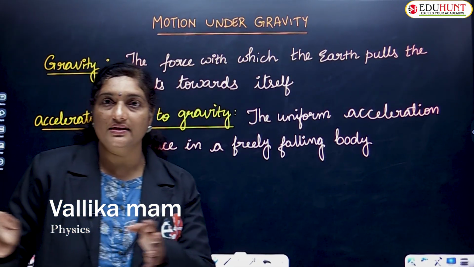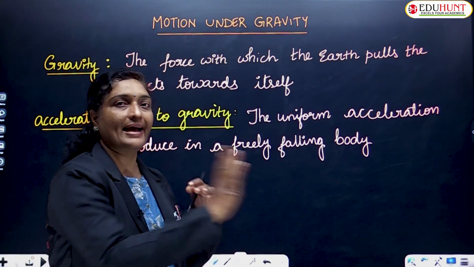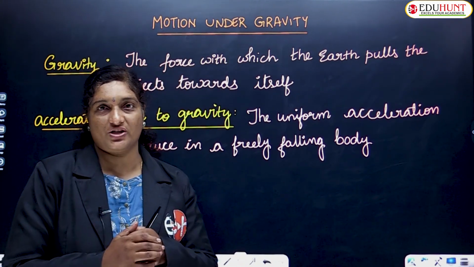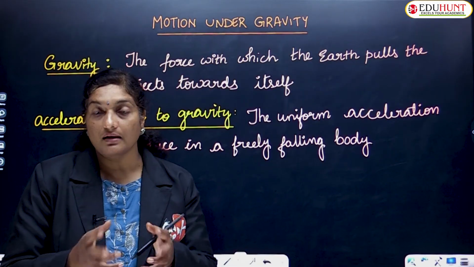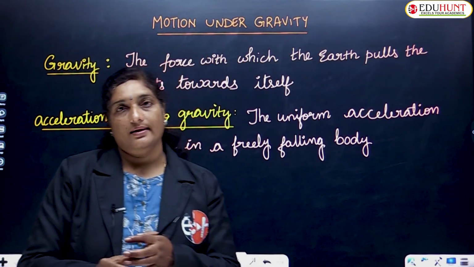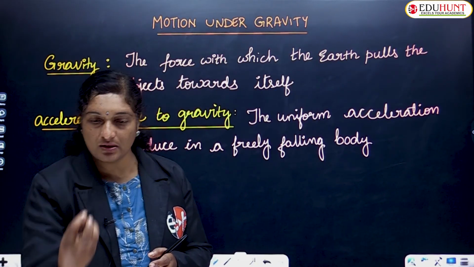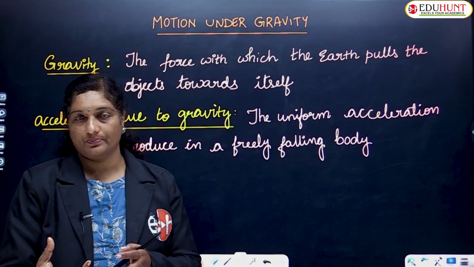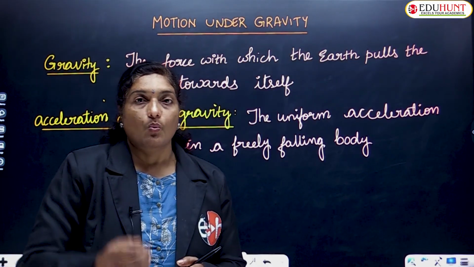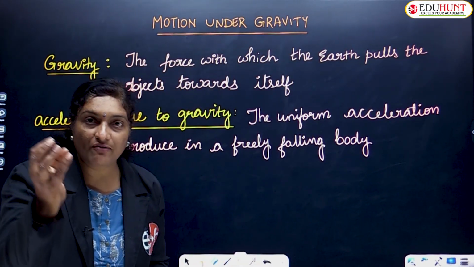So with respect to gravity, the first equation of motion is transformed as v is equals to u plus or minus gt. And the second equation of motion is transformed as, instead of s, we should be writing h. So h is equals to ut plus half, this a should be replaced with plus or minus g, into t square.